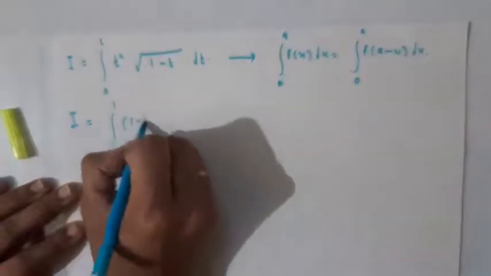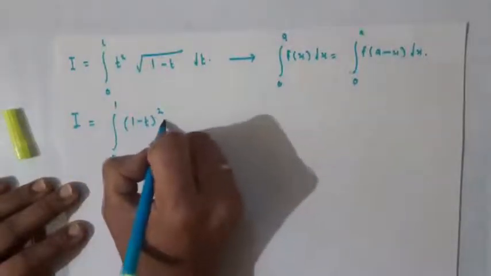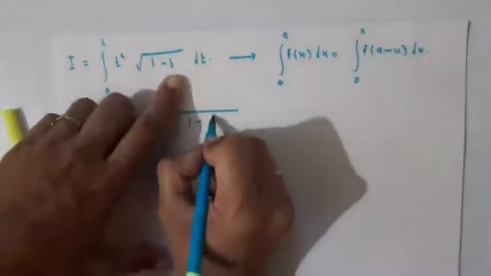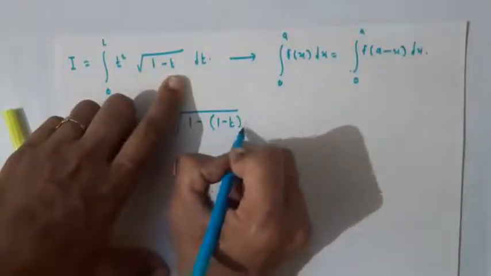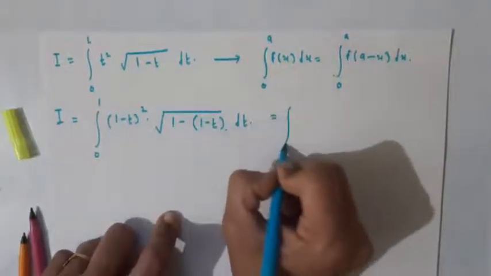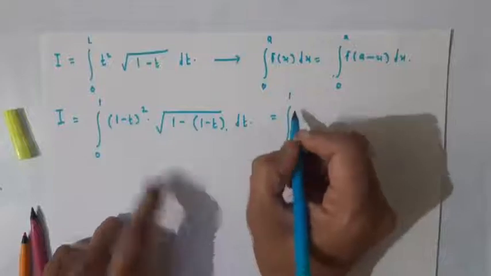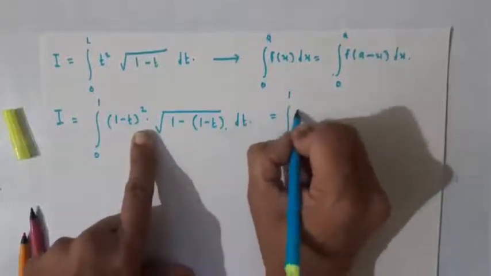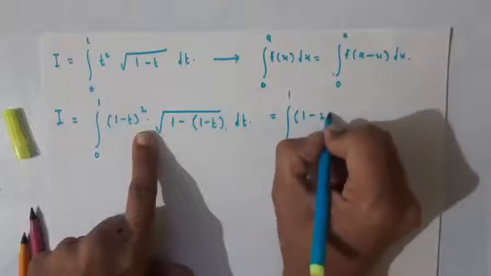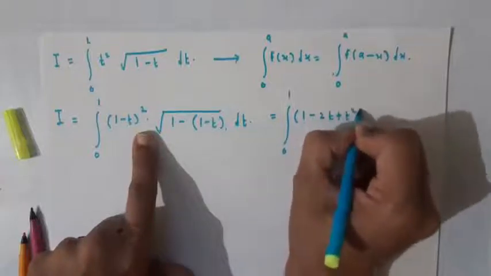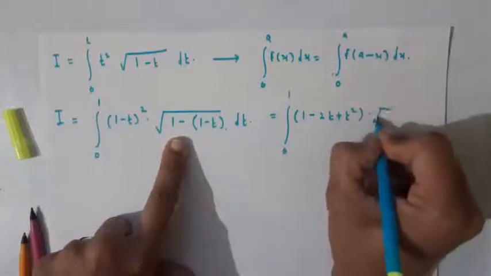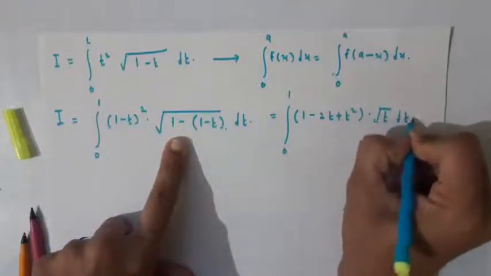This is 1 minus t whole square into the square root of 1 minus, the value of t is 1 minus t, with respect to t, and this equals the integral from 0 to 1 of 1 minus t square, which is 1 minus 2t plus t square, into, 1 minus 1 gets cancelled, the square root of t with respect to t.